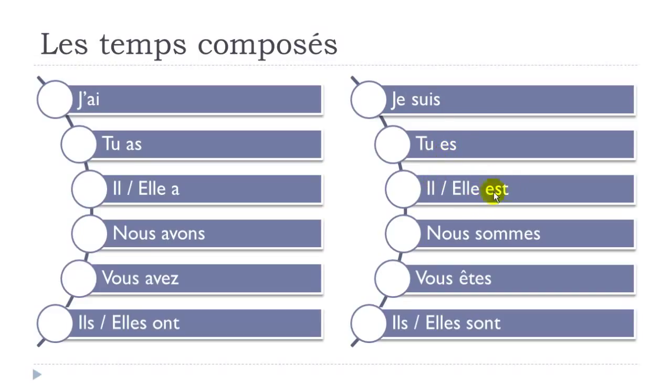Il est, exactly the same sound as we had previously, so just remember that you write it like that, but phonetically it goes like est, elle est. Nous sommes, final S not pronounced. Vous êtes, little liaison between the two, and then final S not pronounced. Ils sont, final T not pronounced. Elles sont. Alright? So that's the main thing you should remember.